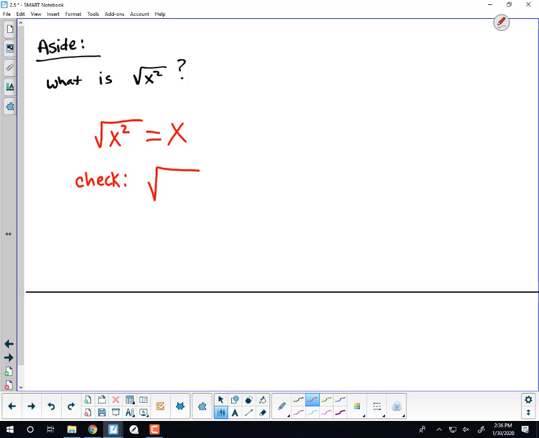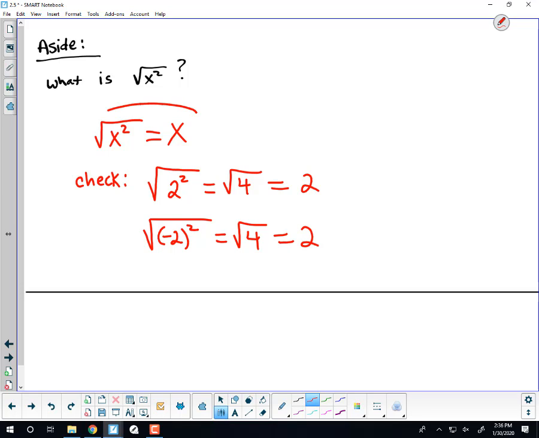The square root of 2 squared is the square root of 4, which is 2, right? Well, what happens when that number is negative? What's the square root of negative 2 squared? It's the square root of 4, which is also 2.